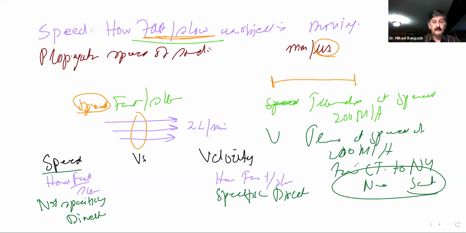Here the unit of speed is nothing but the same as we did when we talked about propagation speed: distance per time.